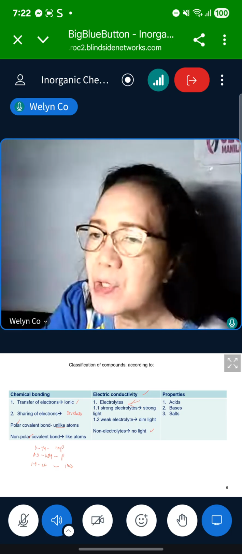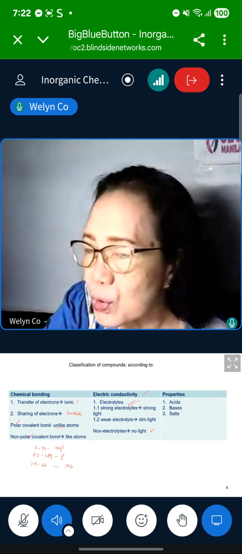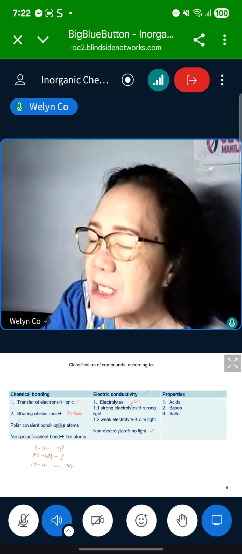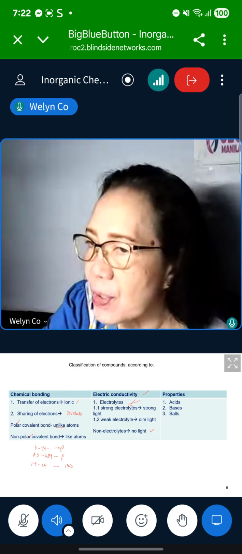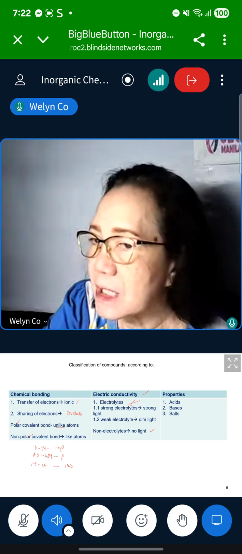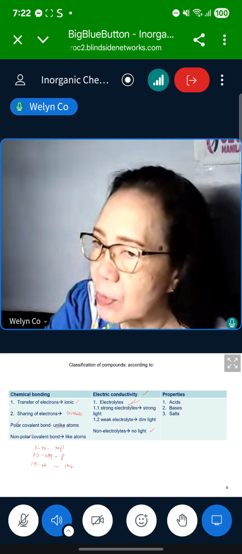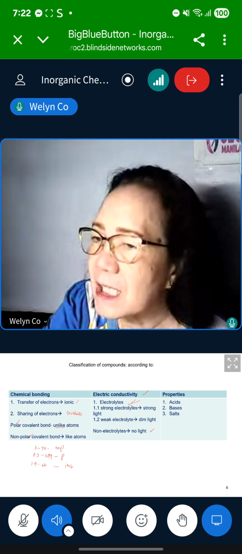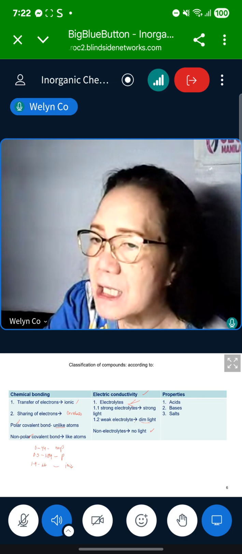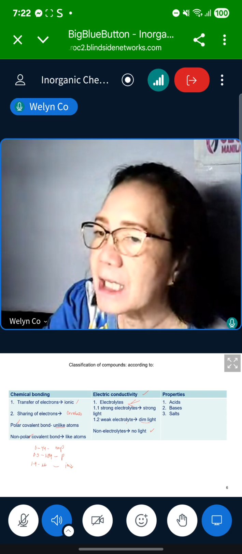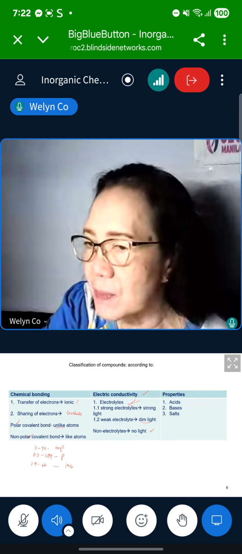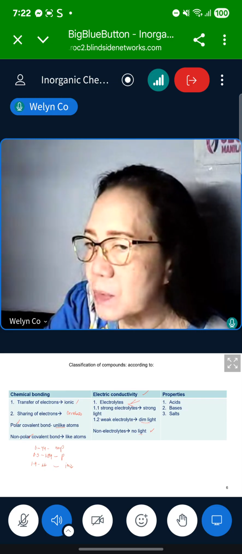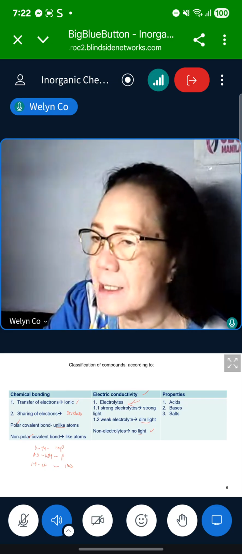So if the electrodes are submerged into the solution and it gives a strong light on the bulb, this is what we call your strong electrolytes. If it will give dim light when the electrodes are dipped into it, that is your weak electrolyte. And if the solution will not give light when the electrodes are submerged into it, that is what we call your non-electrolytes.